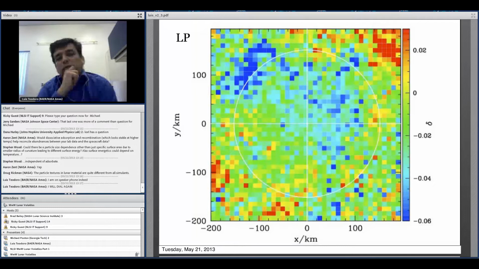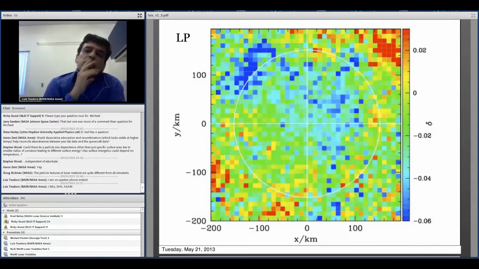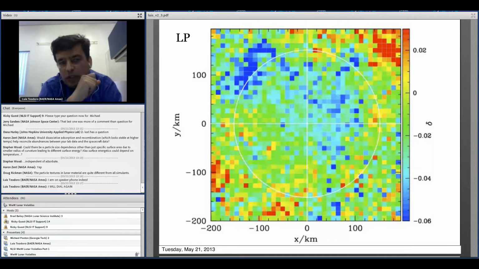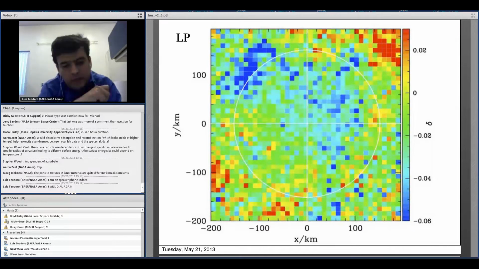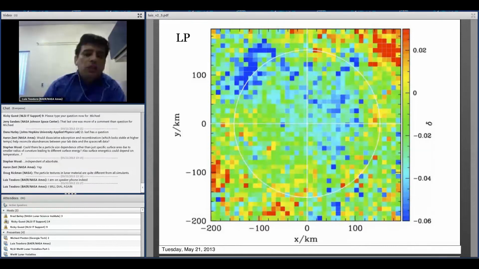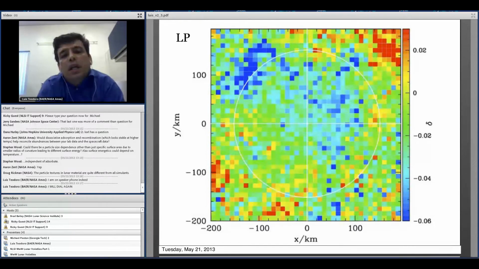So even before going, we should show what the maps look like that we are going to put through the estimator.